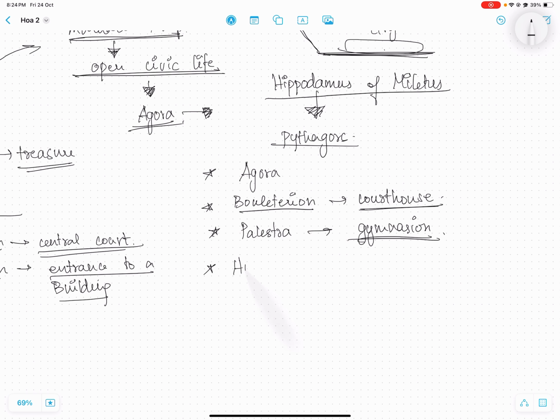They also had something called Hippodrome. It is a horse racing place. And they had Propylaea. It means the entrance gateway to the cities.